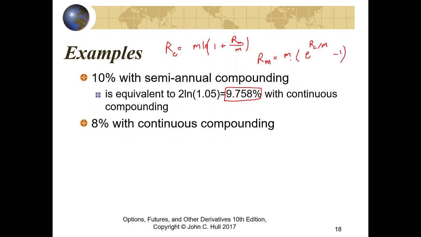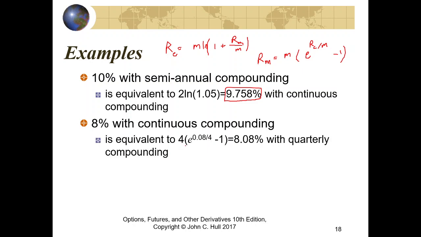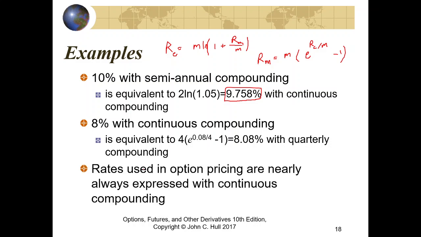The quarterly compounded rate is compounded 4 times in a year, and Rc is 8%. So 4 times e to the power of 0.08 divided by 4 minus 1 will give me 8.08% with quarterly compounding. So an 8% with continuous compounding is equivalent to 8.08% with quarterly compounding.